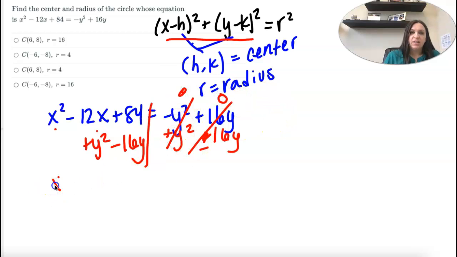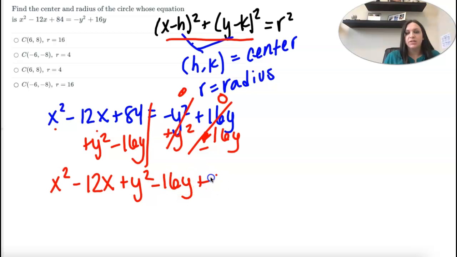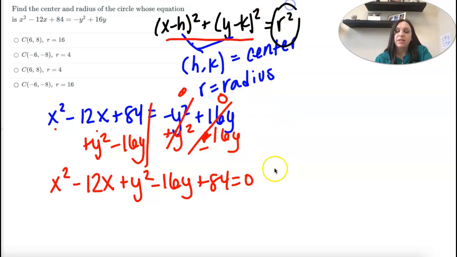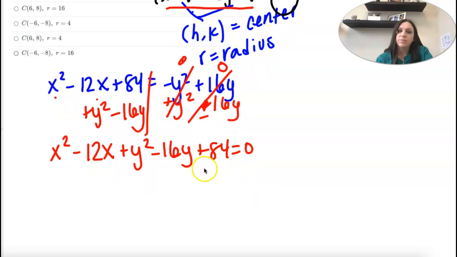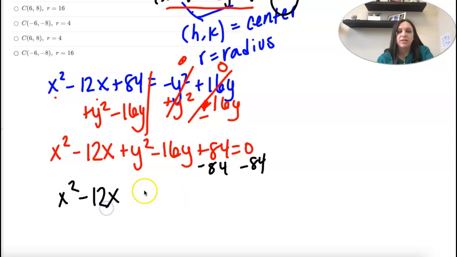So now I have x squared minus 12x plus y squared minus 16y plus 84 equals 0. One more thing, the radius is out here by itself, and that's just the number. So I'm going to subtract 84 from both sides. So x squared minus 12x.